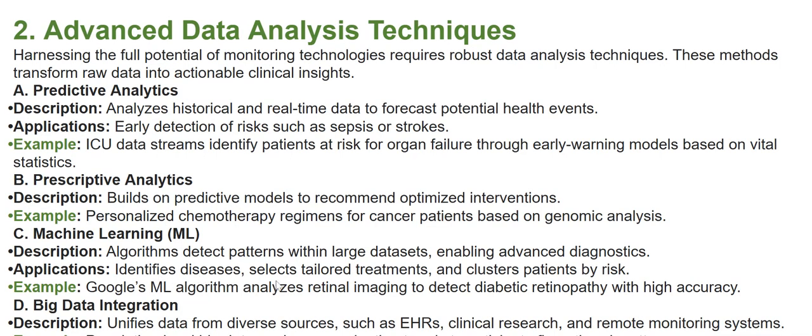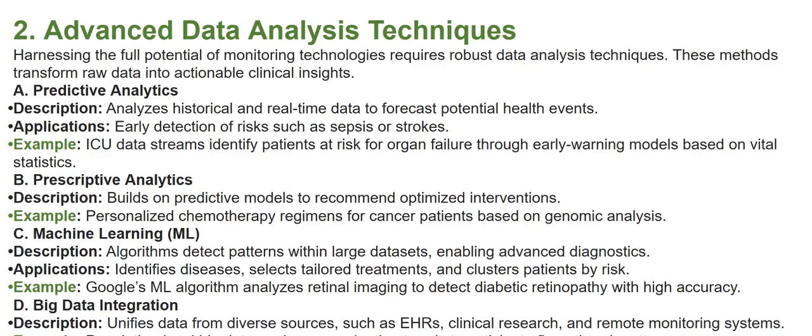Applications: identifies diseases, selects tailored treatments, and clusters patients by risk. Example: Google's machine learning algorithm analyzes retinal imaging to detect diabetic retinopathy with high accuracy. Big data integration. Description: unifies data from diverse sources such as electronic health records (EHRs), clinical research, and remote monitoring systems.